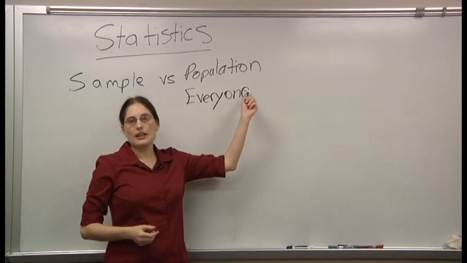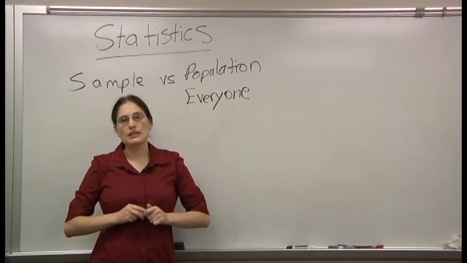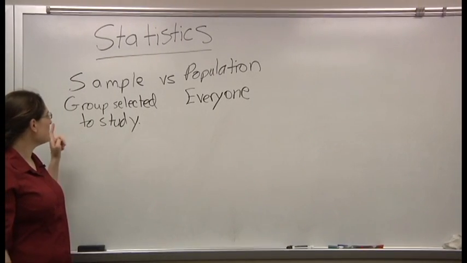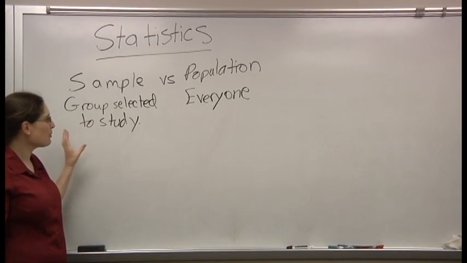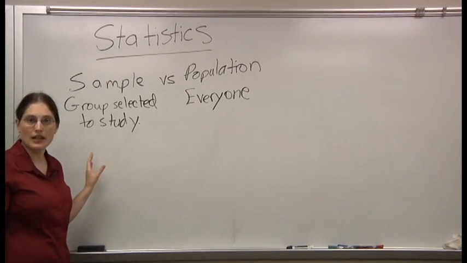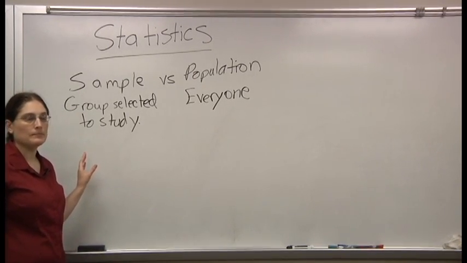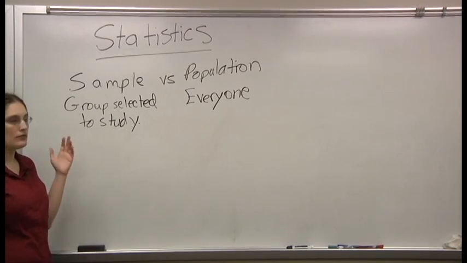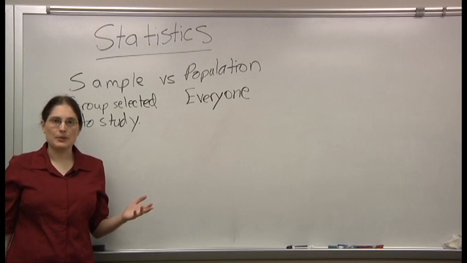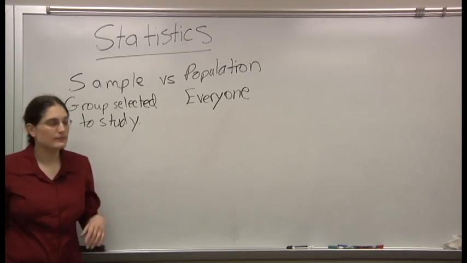Most of the time, it's not feasible to study everyone. The sample is a smaller group selected out of the population to study. If you want to know who's going to win the next election, you can't ask everybody. You don't have enough time.